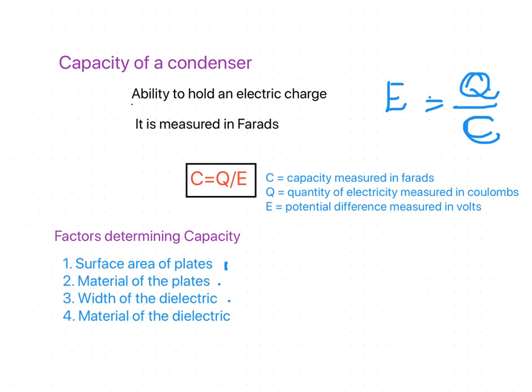So the dielectric which is used in between the two metal plates, what will happen if it is narrow? If the width of the dielectric is narrow, there is a strong force of attraction between the opposite charges on each side of it.